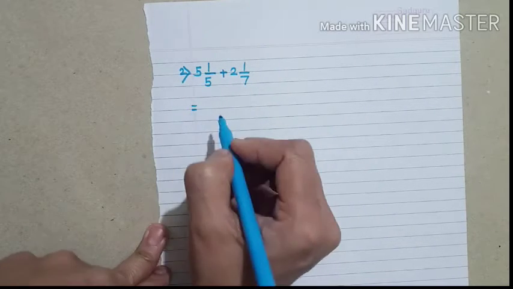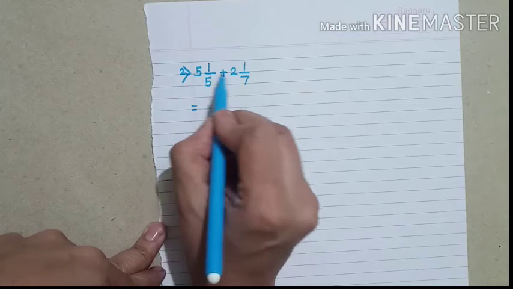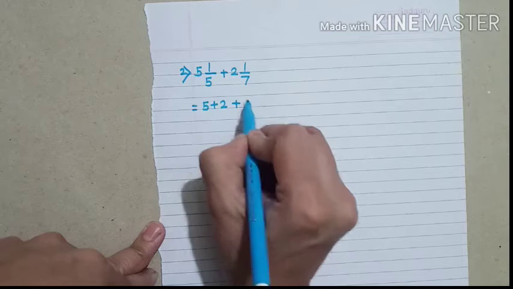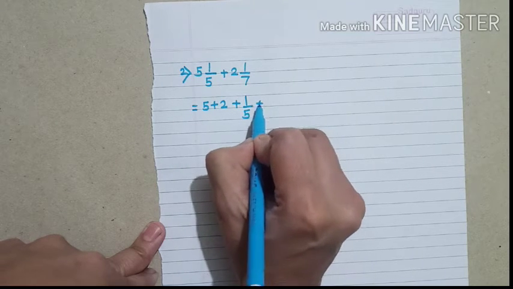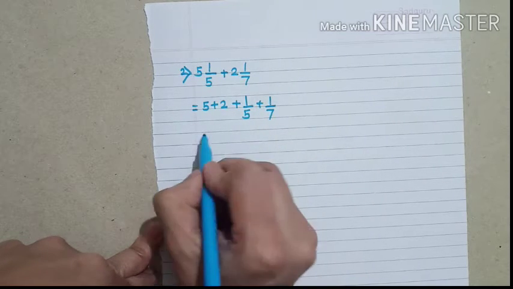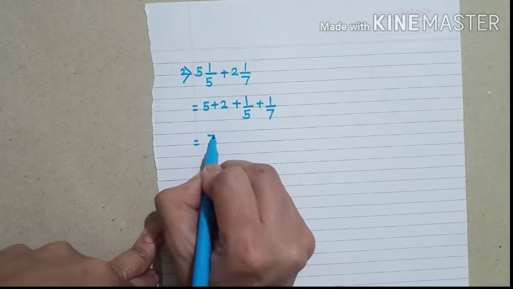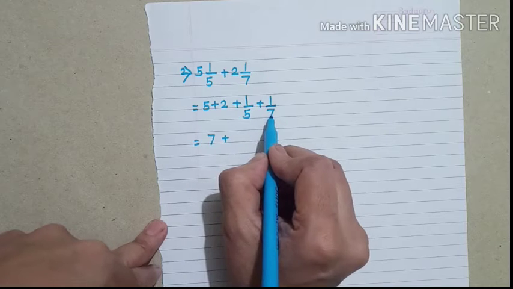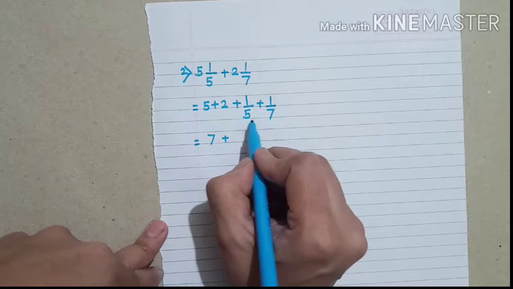Again by this method, first add these two natural numbers. So 5 plus 2 plus this fraction 1 upon 5 plus 1 upon 7. Addition of these two natural numbers is 7 plus, now here again these are unlike fractions. So we are going to make them like fractions.